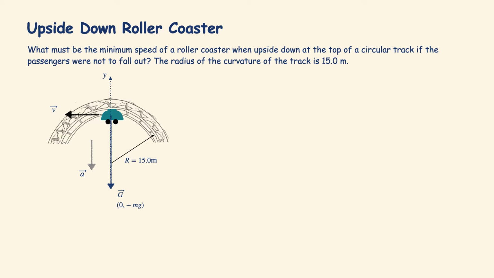So when the roller coaster is exactly at the top, the direction towards the center of the circle is down. And that's why I drew the vector for my acceleration downwards. This is not the g acceleration associated with free fall. This is a centripetal acceleration. Its magnitude must be equal to v squared over r. In components, that will look like 0 for x component and minus v squared over r.